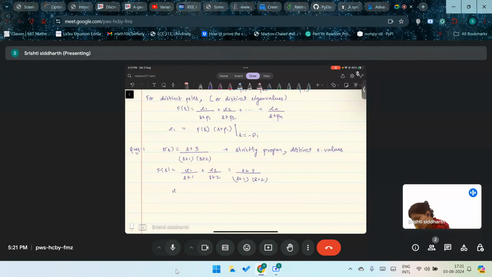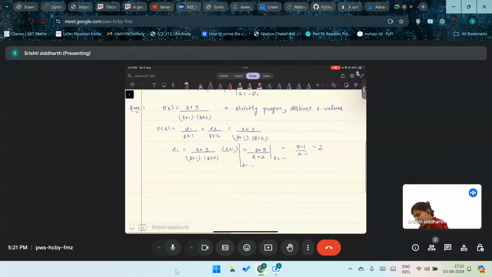To compute c1, we take (s plus 3) over (s plus 1)(s plus 2), times (s plus 1), evaluated at s equals minus 1, and we get 2.